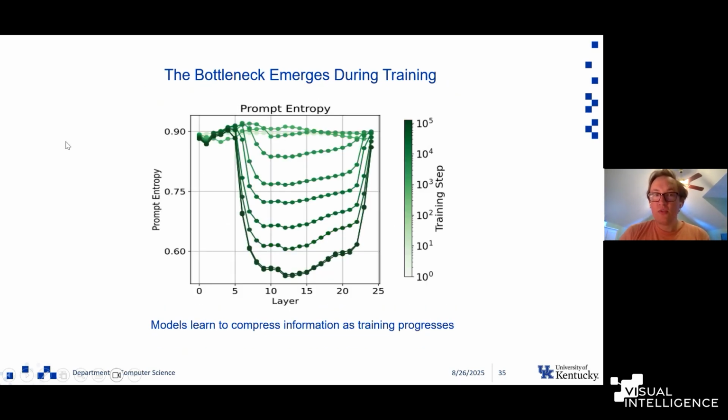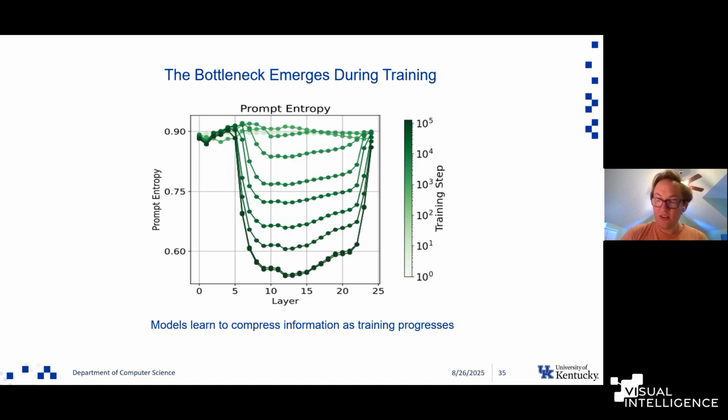We can also look at this bottleneck, as I called it earlier, emerge during training. So here we have prompt entropy at different training checkpoints of the Pythia backbone. Pythia is a really great model for this kind of analysis because they released all of their training checkpoints alongside their model.